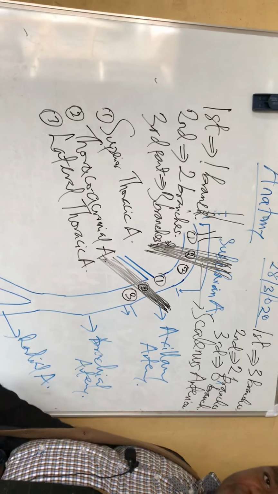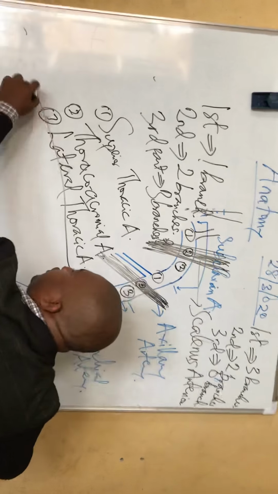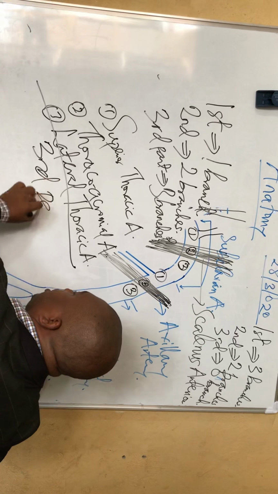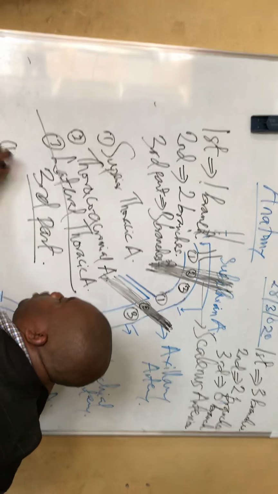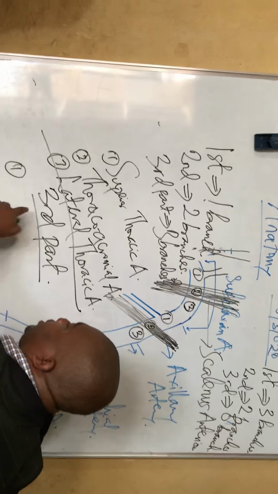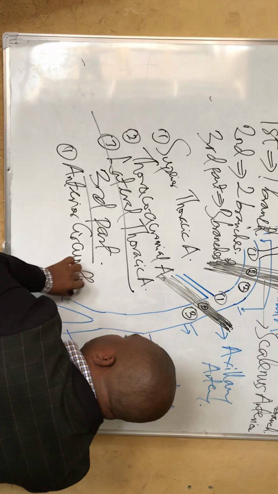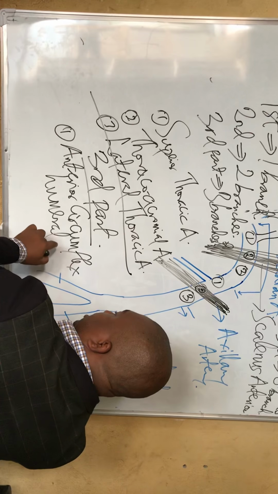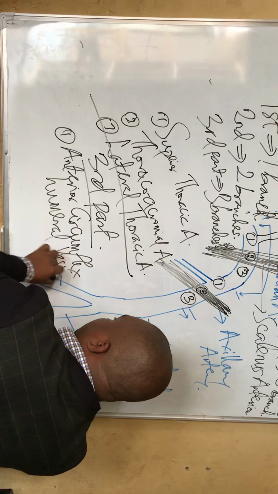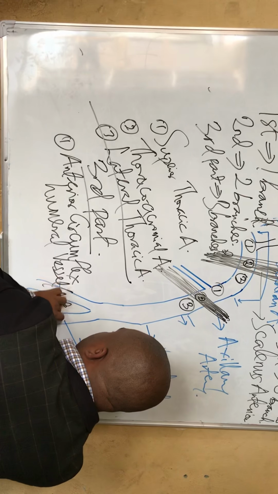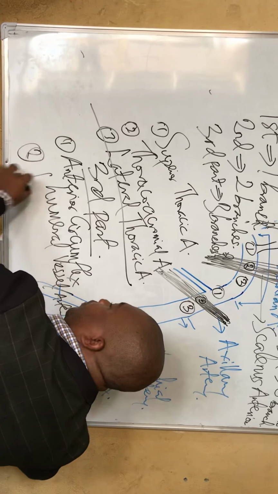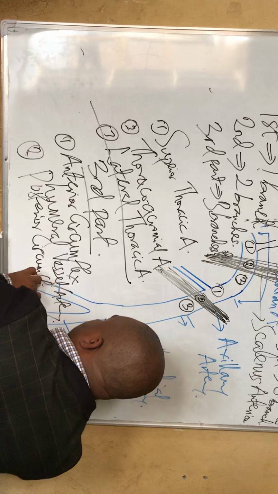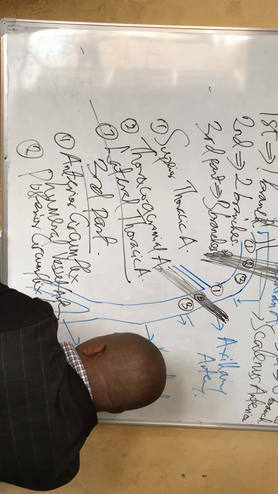Then the third part has three. Number one, the anterior circumflex humeral vessel or artery. Two, the posterior circumflex humeral artery.